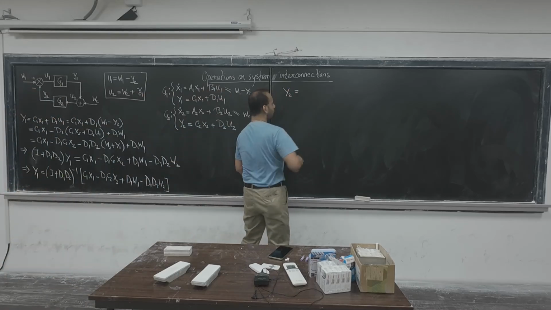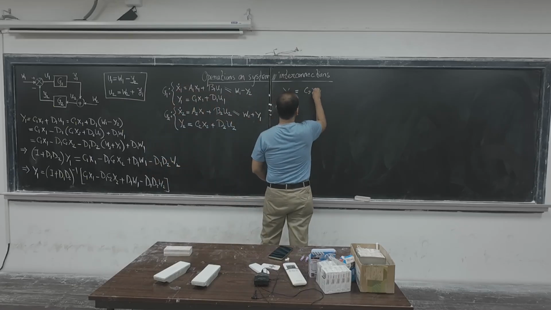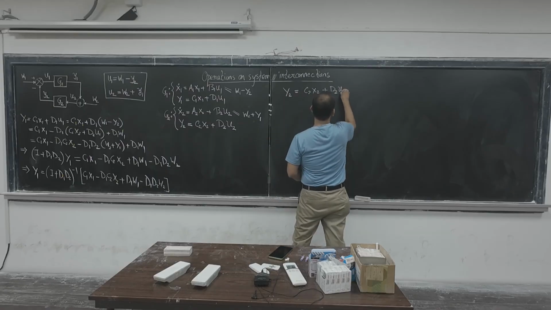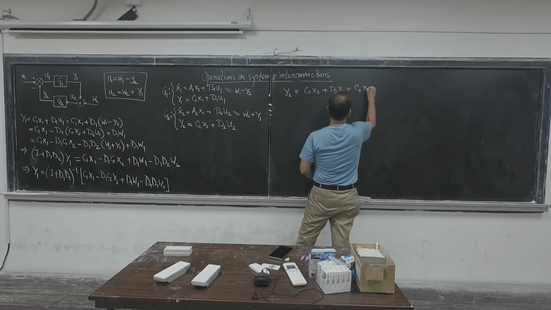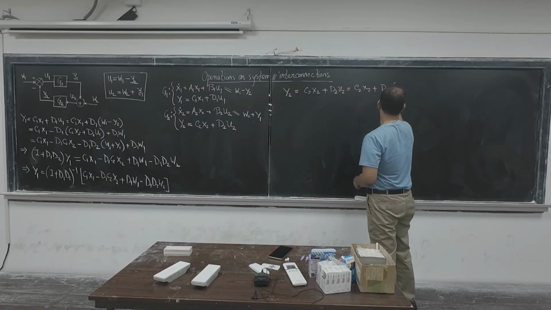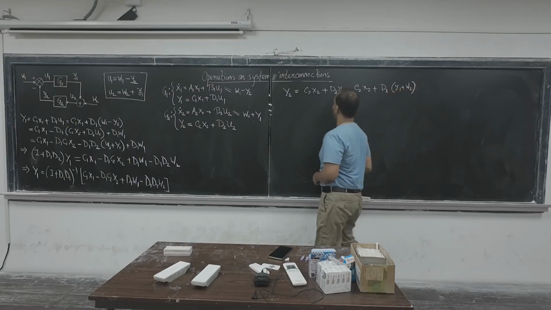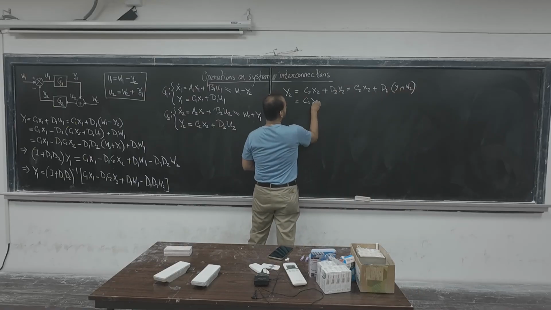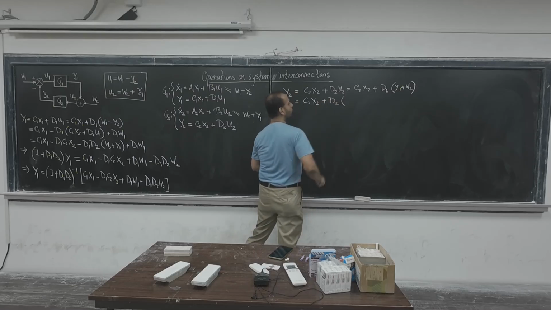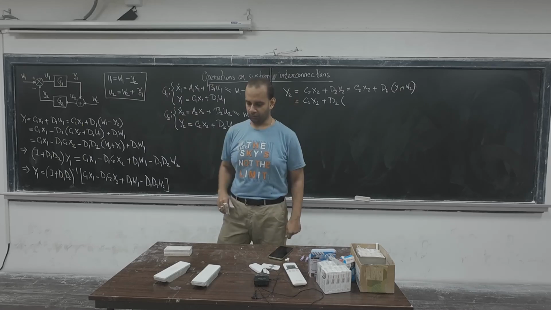Now I hope the flow is known to all of you, right? y2 we can find. So C2 x2 plus D2 u2, which equals C2 x2 plus D2 times y1 plus w2. Now your y1 is a very long expression, right?